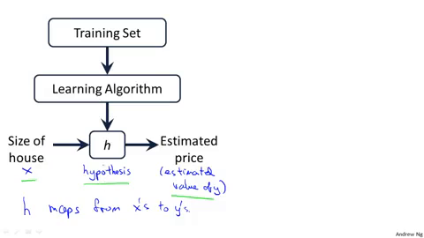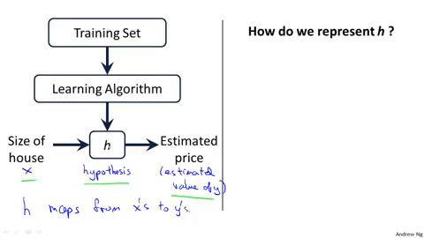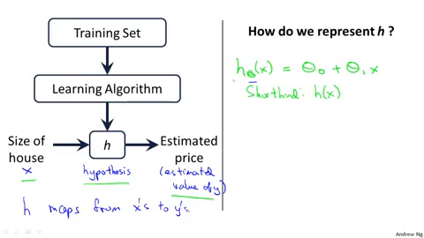When designing a learning algorithm, the next thing we need to decide is how do we represent this hypothesis h? For this and the next few videos, our initial choice for representing the hypothesis will be the following. I'm going to represent h as follows: h subscript theta of x equals theta 0 plus theta 1 x. As a shorthand, sometimes instead of writing h subscript theta of x, I'll just write this as h of x, but more often I'll write it with a subscript theta.